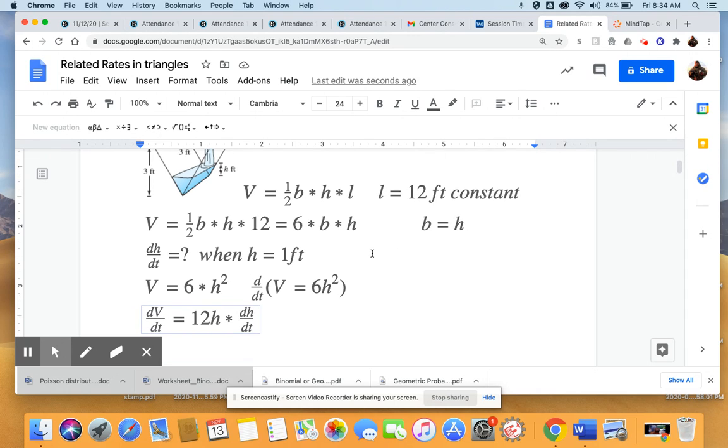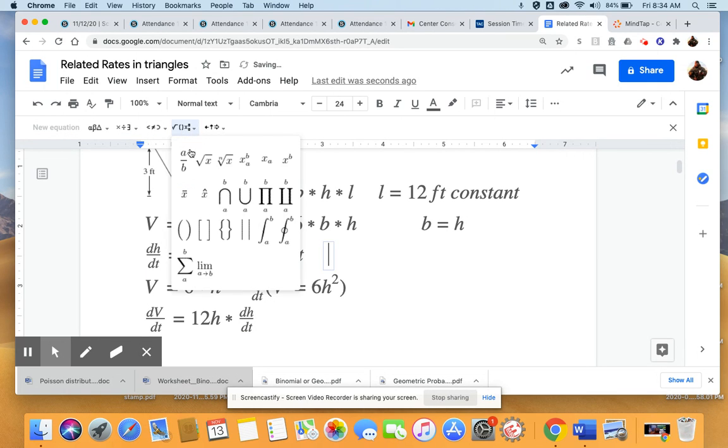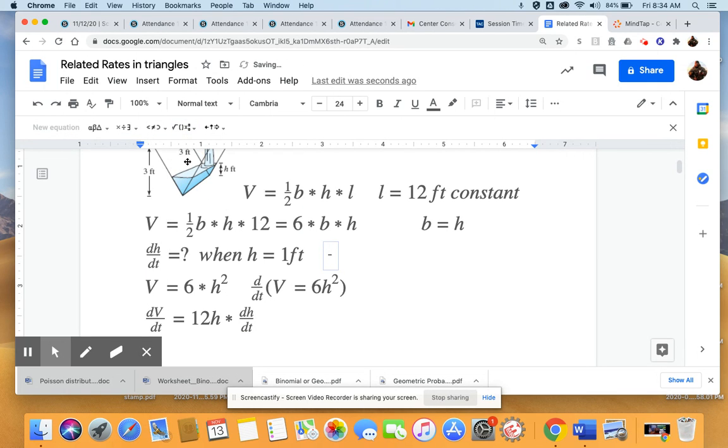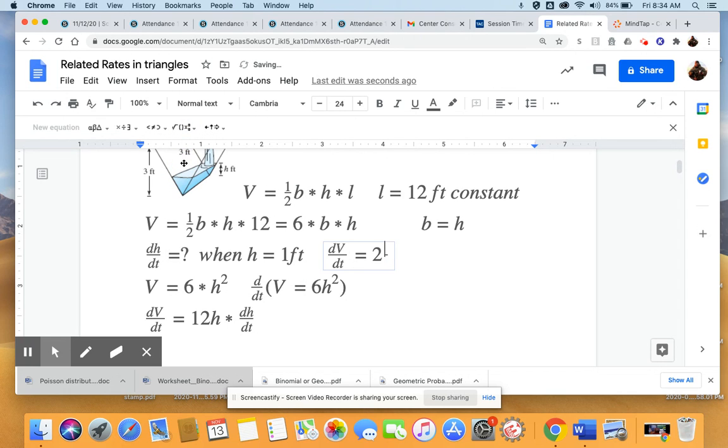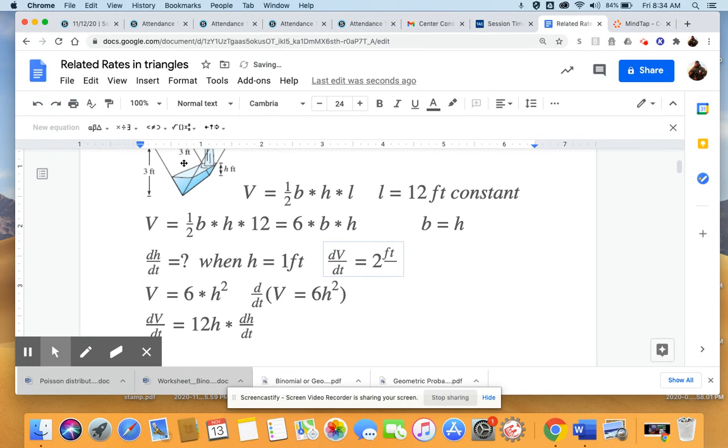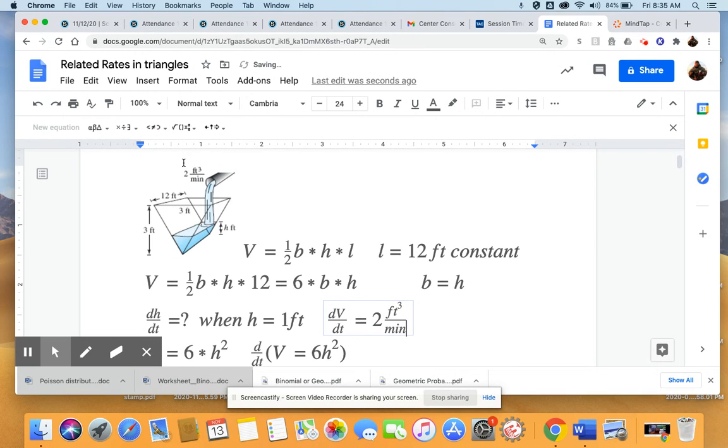I didn't write it down here, but we probably should have actually written the given fact that dV/dt is equal to 2 feet cubed per minute. Is that correct? Yes, per minute.